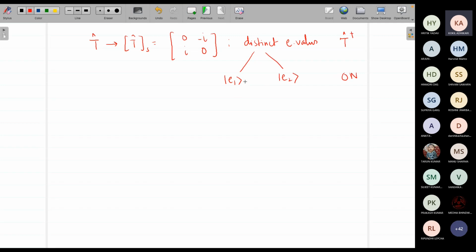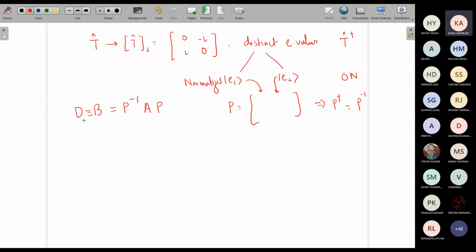Not only that, if I construct a matrix out of these two normalized eigenvectors, then the matrix is unitary. This unitary matrix can be used to diagonalize our self-adjoint operator with the same relation which I gave to you earlier. So let me write it in a simple manner. And in this case, I have diagonalized it.